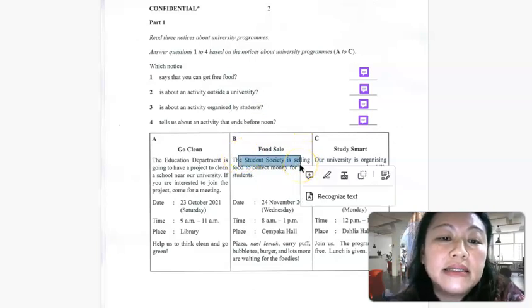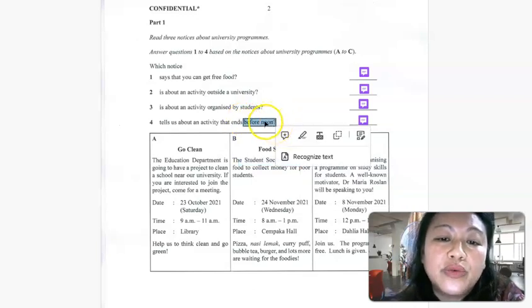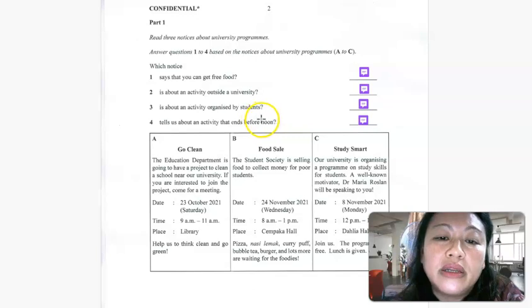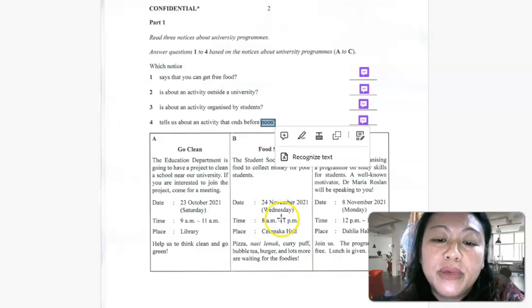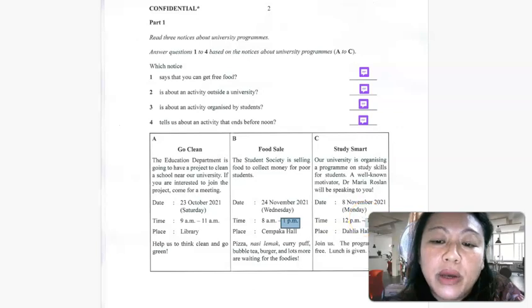Next one tells us about an activity that ends before noon. So a good student will immediately see the word before noon, right? Whereas a weaker student might only look at the word noon and then will be further confused because over here it says 1 p.m. Yeah, and over here would be 1 p.m. as well.